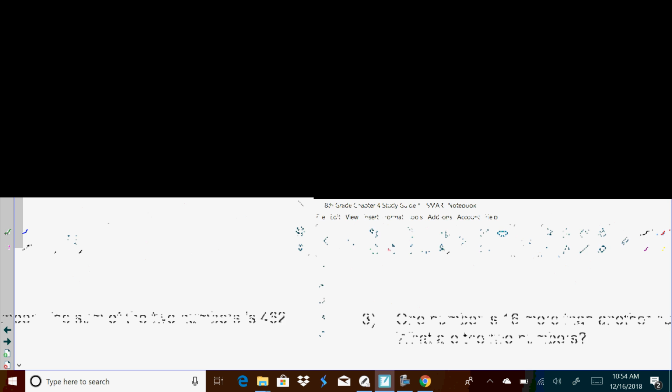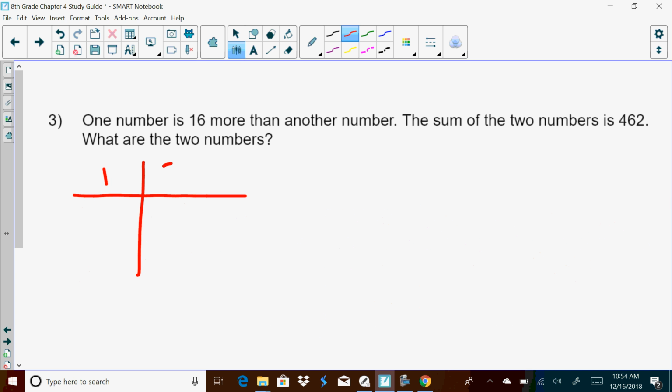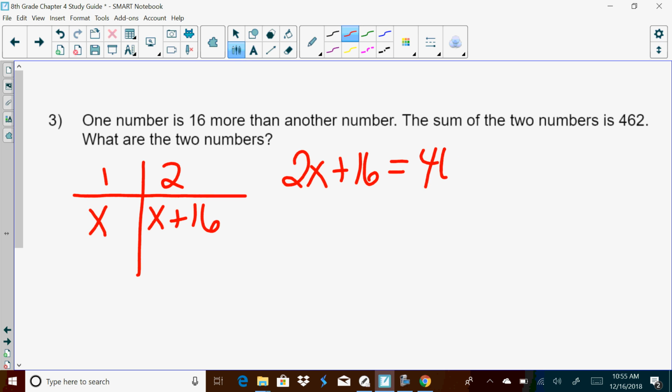Problem number 3, one number is 16 more than another number. So let's see, first number, second number. So x, the other one's x plus 16. The sum of the two is 462. So I get 2x plus 16 equals 462. Subtract 16. I get 2x equals 446.